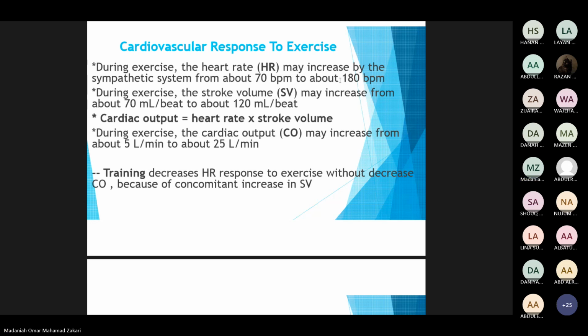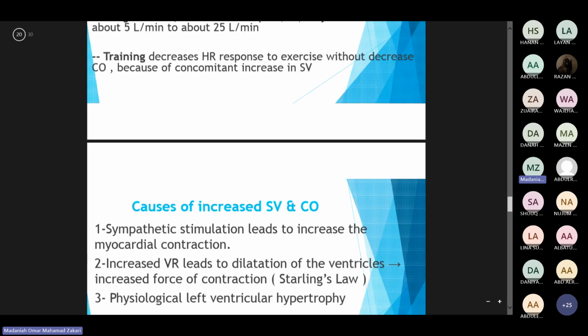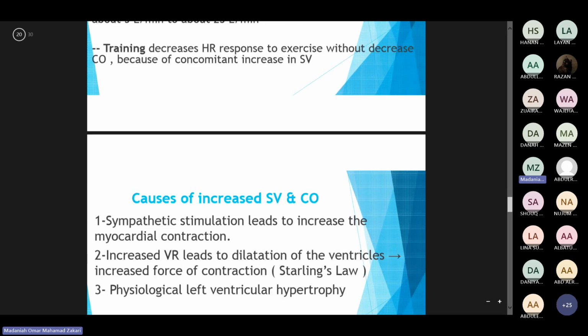With time, because they are well trained, the heart rate goes down. Once it has decreased, that means your heart is efficient. Now few beats are required just to push a large volume of blood. That is so efficient: less energy, more efficient work.